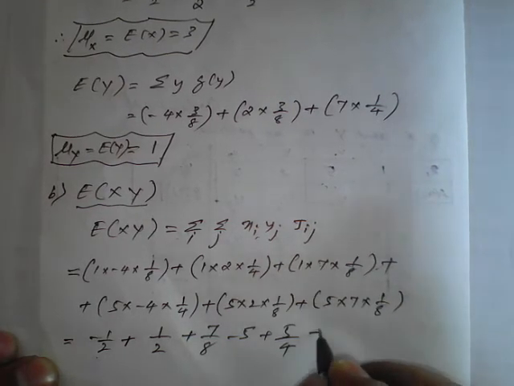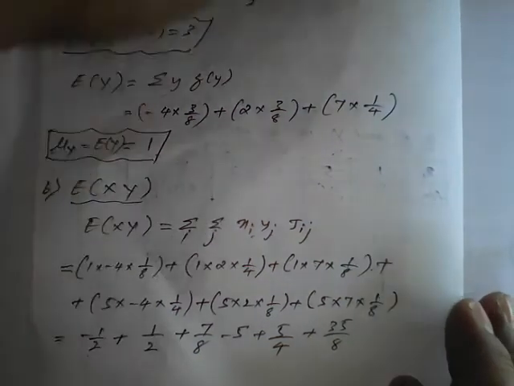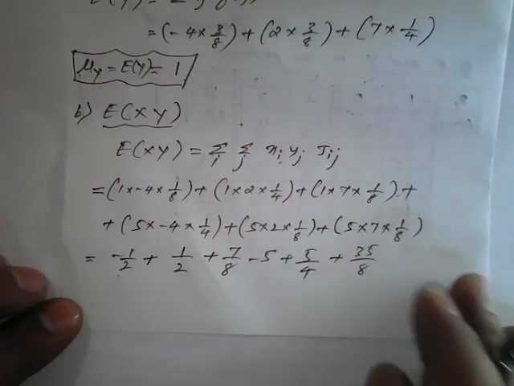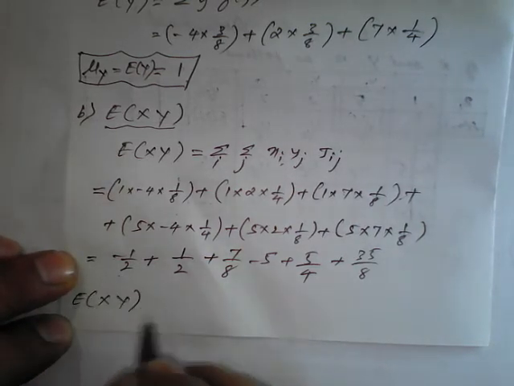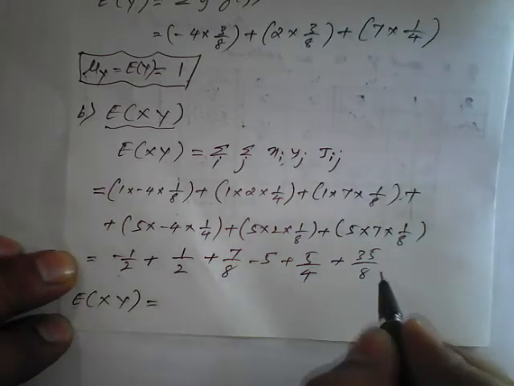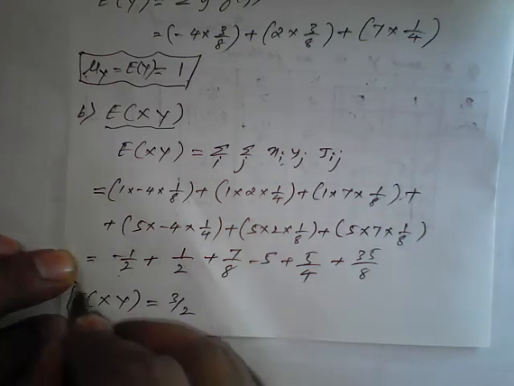Next is 35 by 8. Finally, if you add these all, the expectation of capital XY is 3 divided by 2.